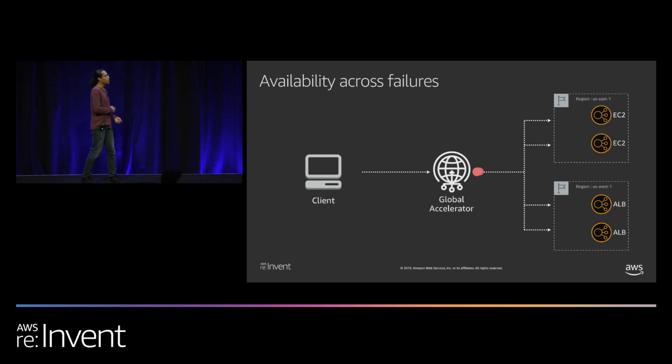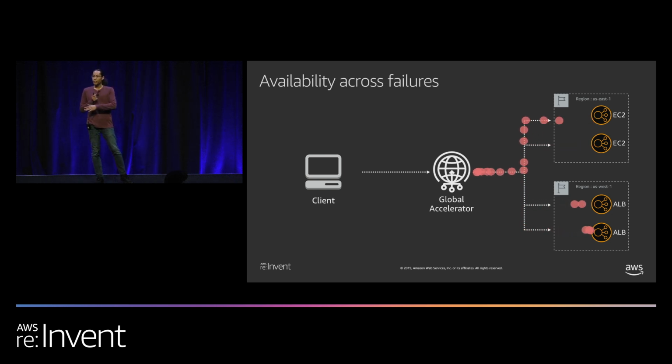We also have availability across failures. So you heard about those knobs available to you: you're able to shift traffic between AWS regions or across endpoints within a given region. That traffic is also shifted automatically in response to the health checks that James was describing. When we receive a signal that one of your EC2 instances or one of your ALBs is unhealthy, we'll go ahead and shift traffic.